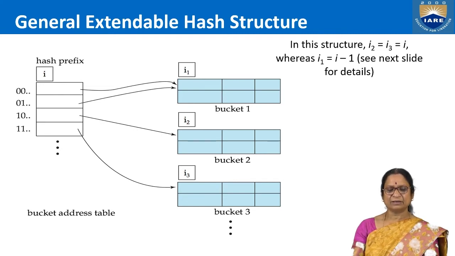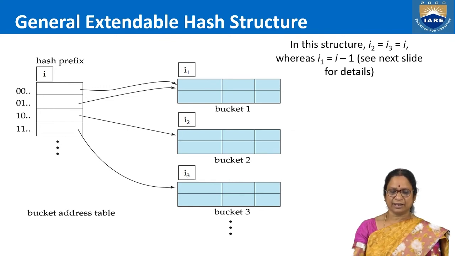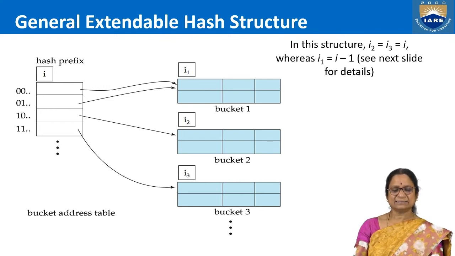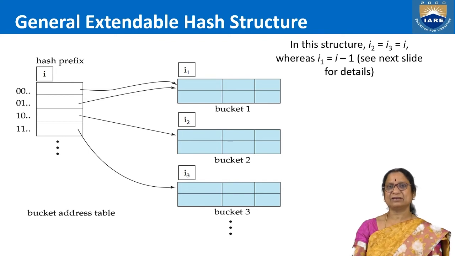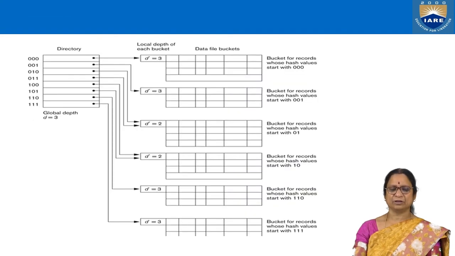So I1 is going to be mapped, I2 is 1, 0, I3 is 1, 1, and so on. This is the bucket address table and these are our buckets. In each bucket, depending upon the size of the buckets, a number of tuples are going to be stored. Here it has been shown as 3 bits. As I told you, 3 bits means 8 buckets, right? The global depth is D equal to 3.